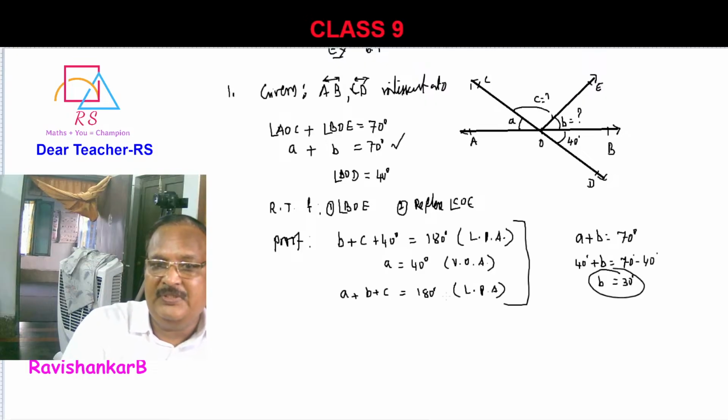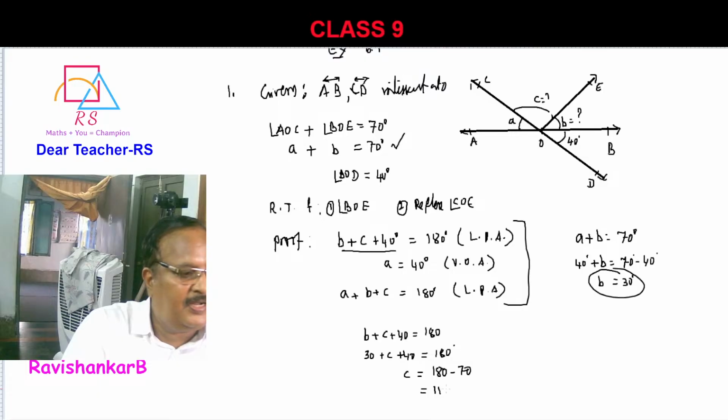And we have to get c. Now put this b value here. b plus c plus 40 degrees is equal to 180 degrees. In that, b value I will be putting 30 plus c plus 40 is equal to 180 degrees, and c is equal to 180 minus 70, which is equal to 110.